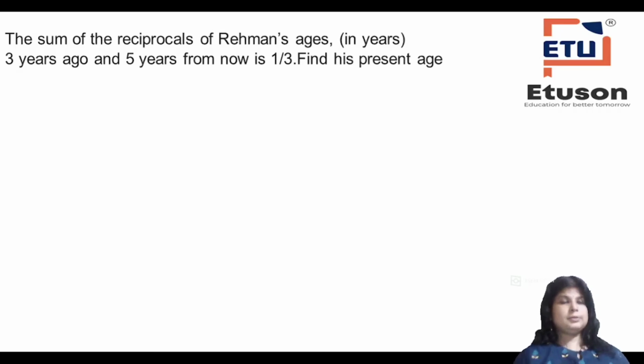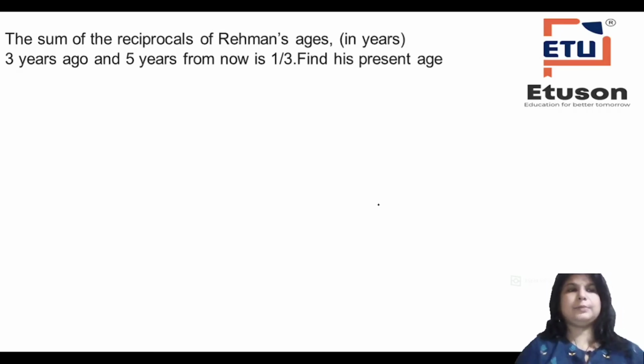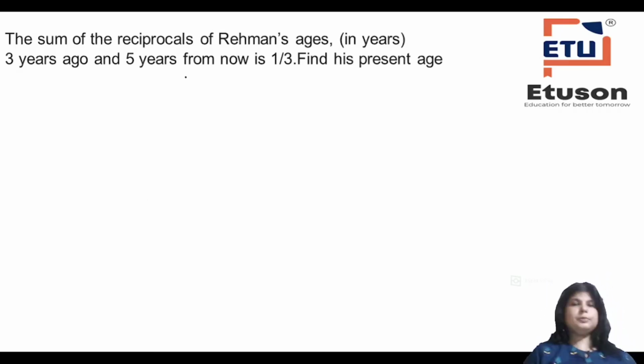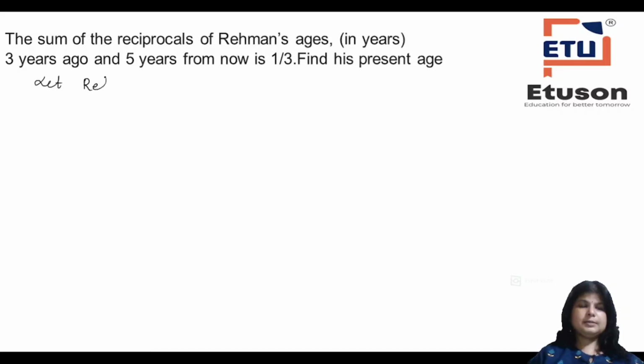Okay, so now let us go to the next problem. The sum of the reciprocals of Rahman's ages 3 years ago and 5 years from now is 1 by 3. Find his present age. So let Rahman's present age be x.